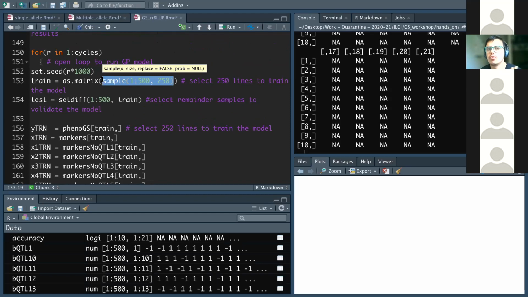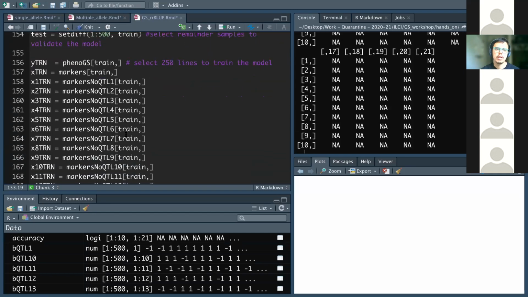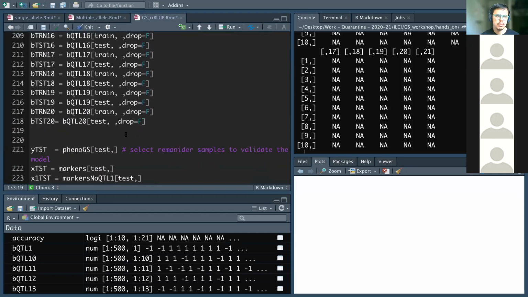Here I just use 50%, but remember that in theory, the bigger your training population, the better your predictions are going to be. The reason is that the more data you have in your model, the better the estimation of the parameters tends to be. But we're going to use 250 individuals.